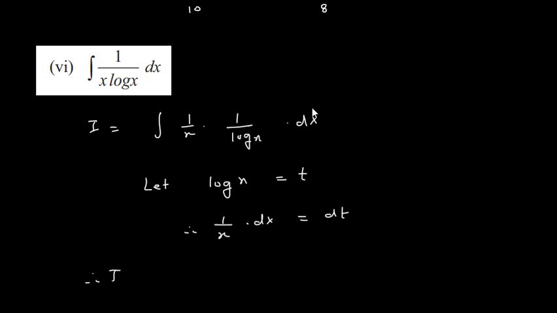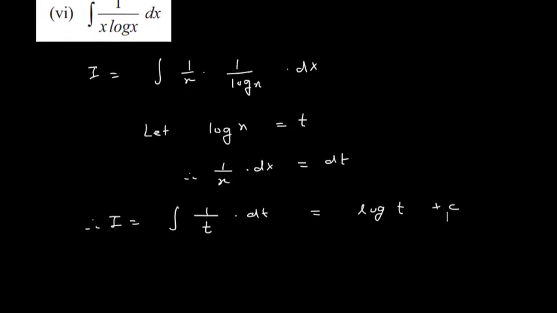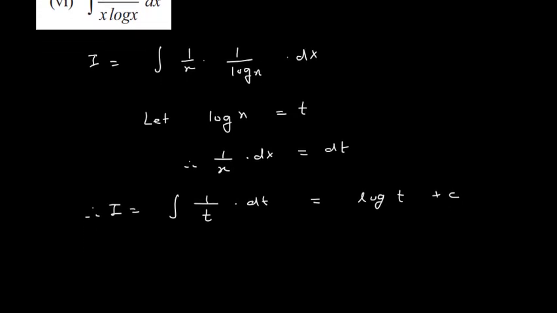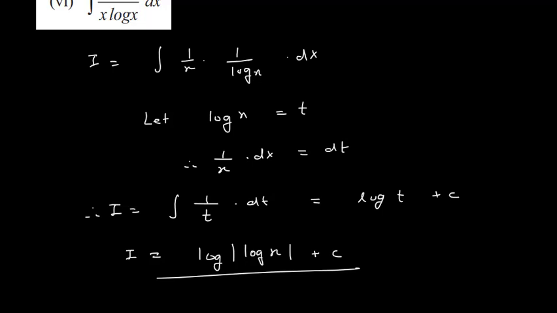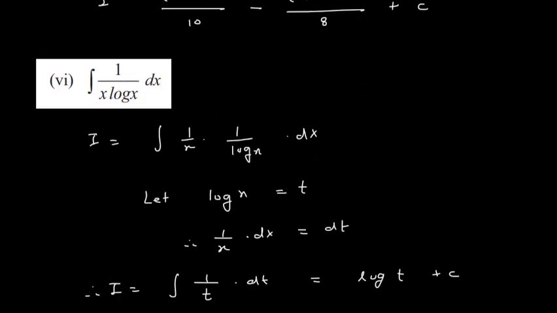So your integration I will be the integration of 1 upon t dt, and its integration is log t plus c, and t is log x. So this integration is log of log x plus c. This is your sixth problem.